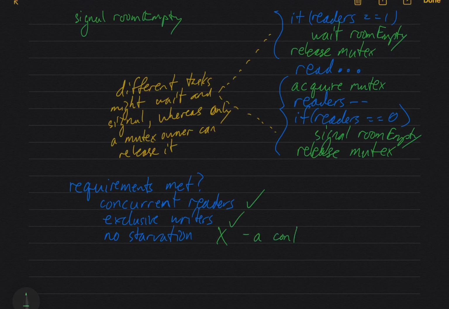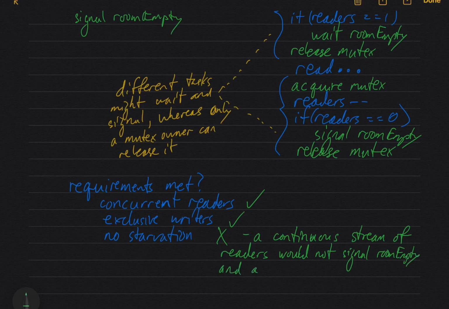So a continuous stream of readers would not signal room empty, and a writer could block on room empty forever. Indefinitely is probably the better term to use there.